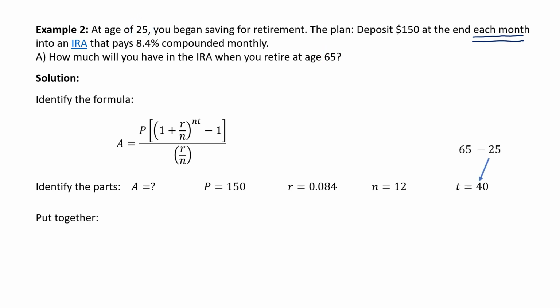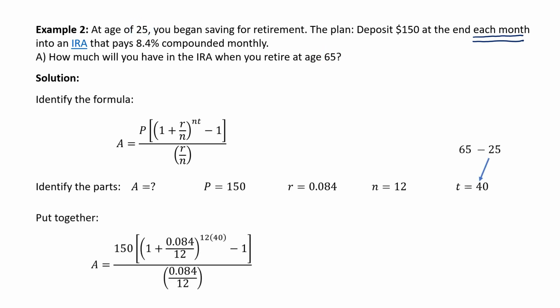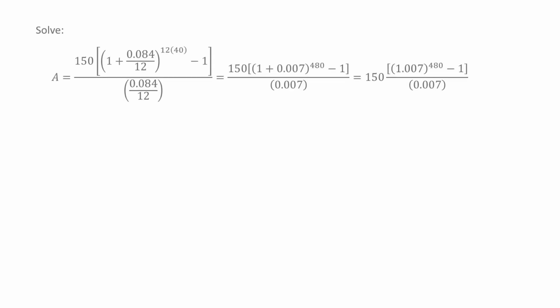Now let's put this together into the formula, and we get, for the P, put in 150. For the R, put in 0.084. For the N, put in 12. And for the number of years, put in 40. Let's solve this. Again, we solve from the inside out.